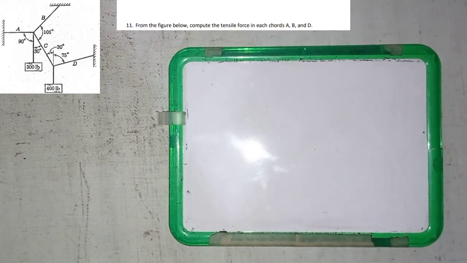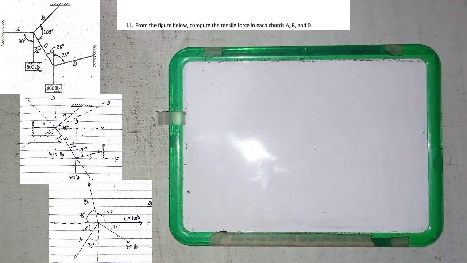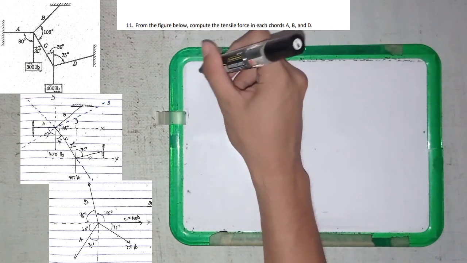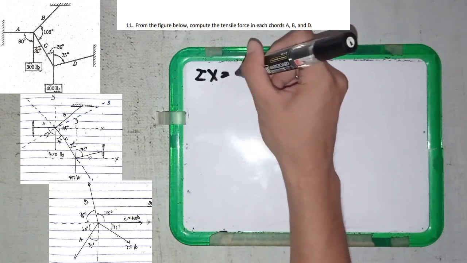So for the second problem, from the figure flashing on your screen, compute the tensile force in each of the chords A, B, and D. First, we equate summation of x equal to 0.